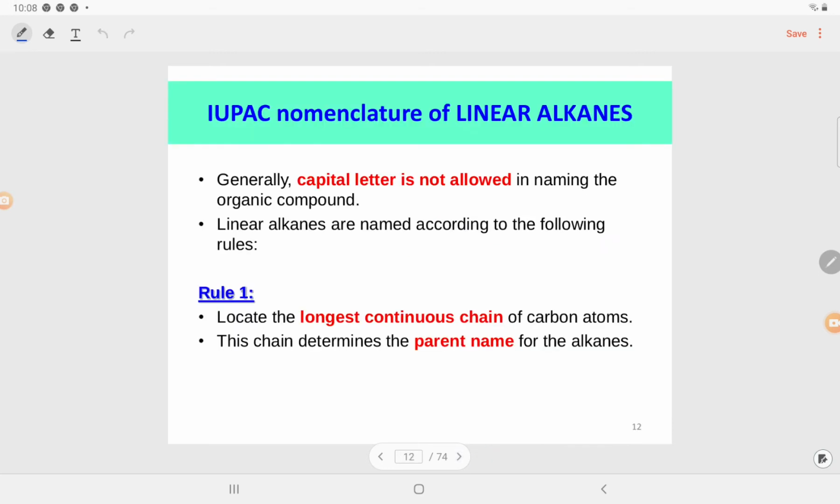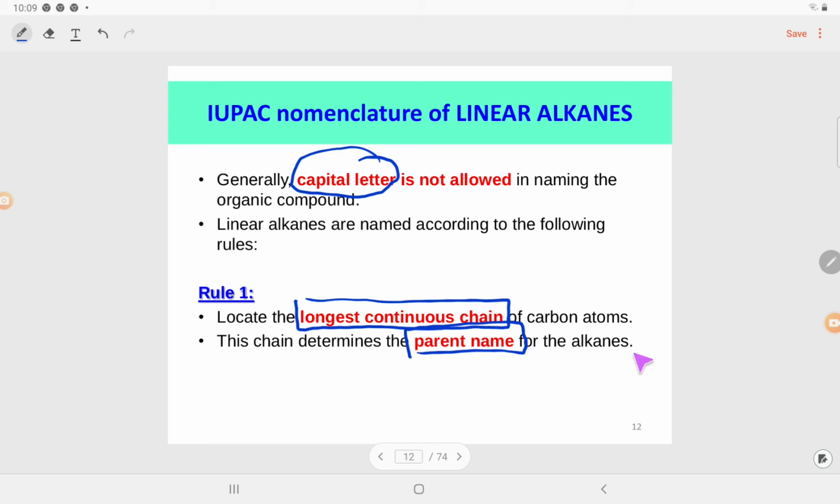Okay, so we learn about the nomenclature of linear alkanes. Generally, capital letters are not allowed in naming organic compounds. Remember, all of them use small letters. You must use the rules when naming your structure of the alkane. Rule number 1: first, you must identify your longest continuous chain, which we classify as your parent.